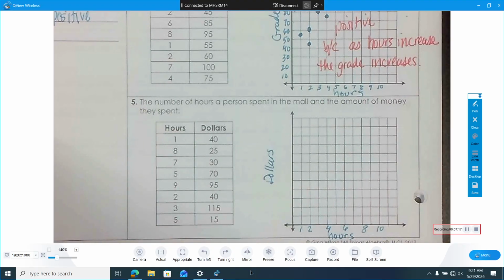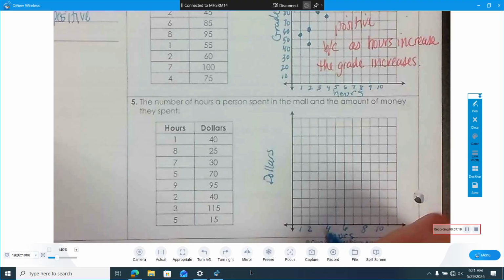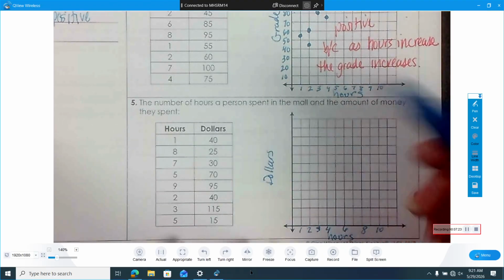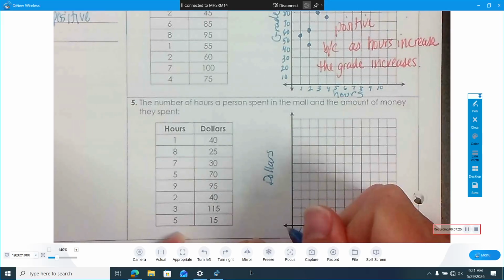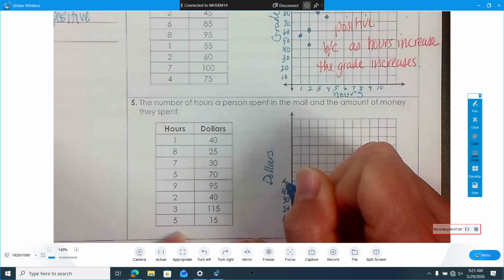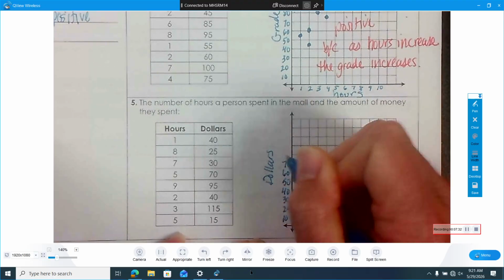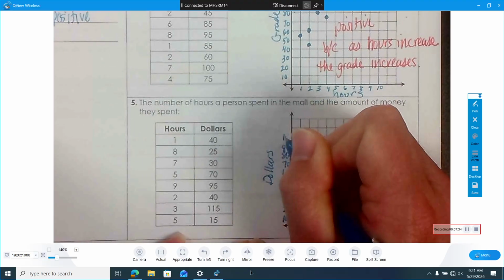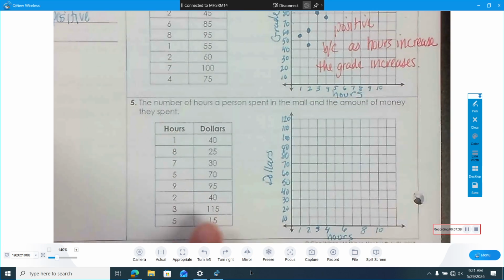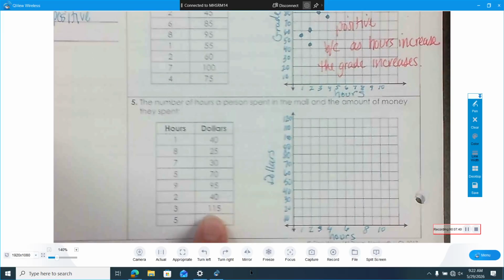That'll do. Then for dollars spent, I think I can just count by tens again. 10, 20, 30, 40, 50, 60, 70, 80, 90, 100, 110, 120. I have to go up to 120 because I have a 115 there.